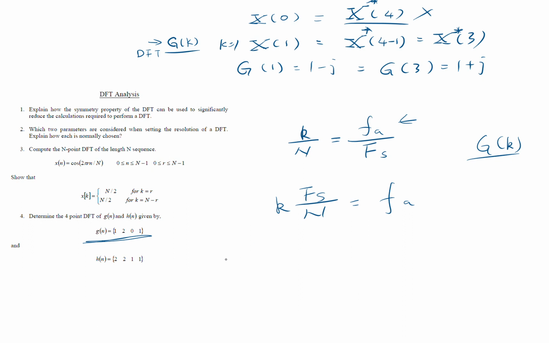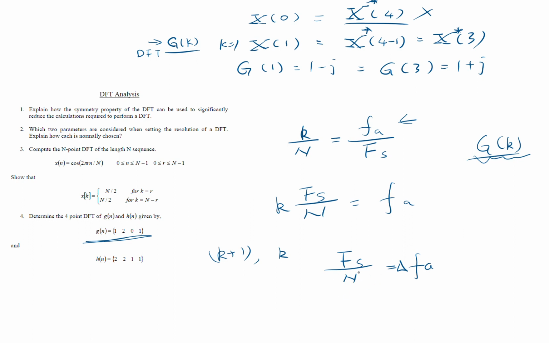So between these two, between k plus 1 and k, this is actually fs over N. Okay, fs over N equals delta f a. So that means the distance between these two spectrum lines.